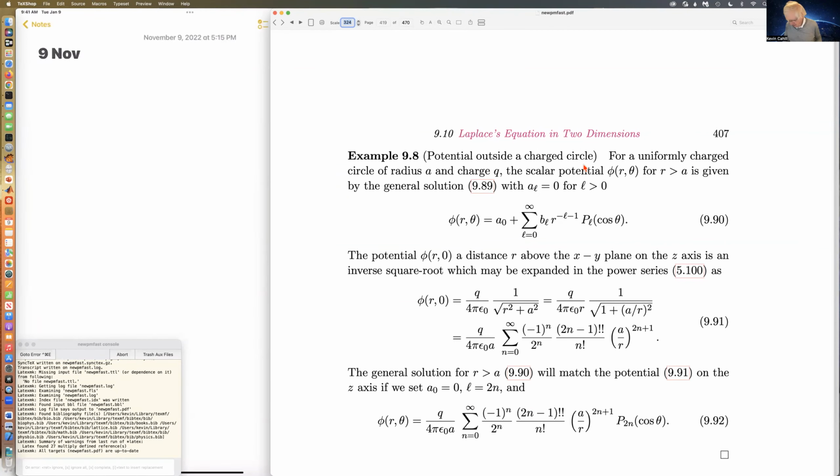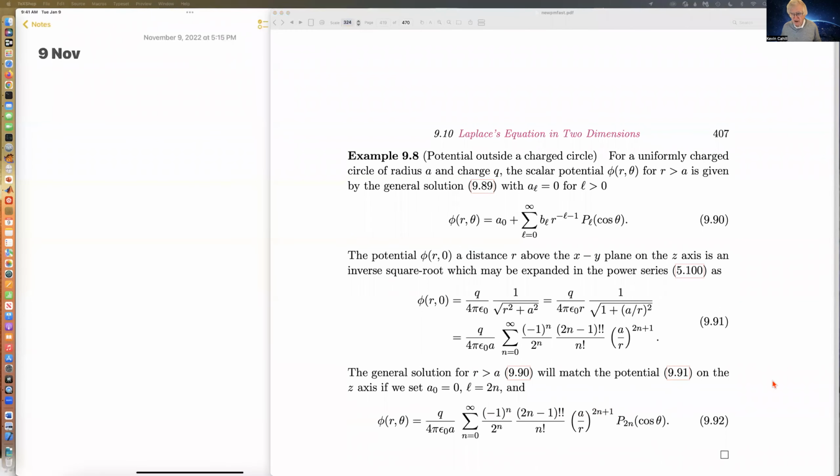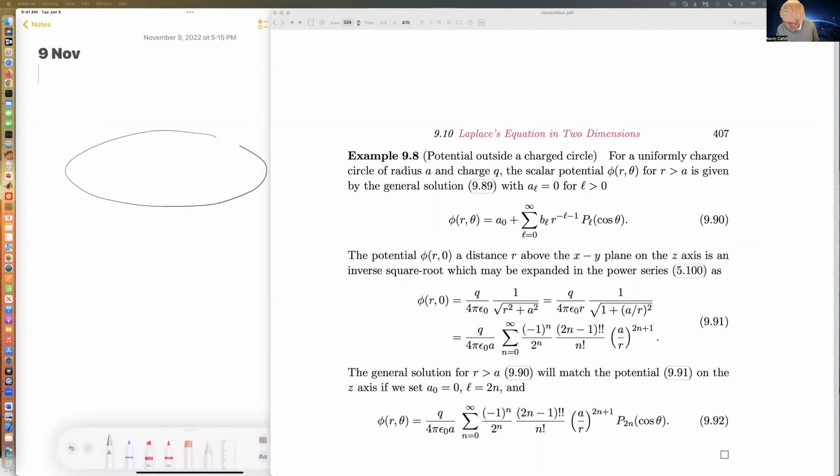Let me get some of this paper stuff out of the way, and let me also move this thing out of the way. Let me also start a chat thing so that if people want to chat, they can type there. So let's suppose we have a ring.